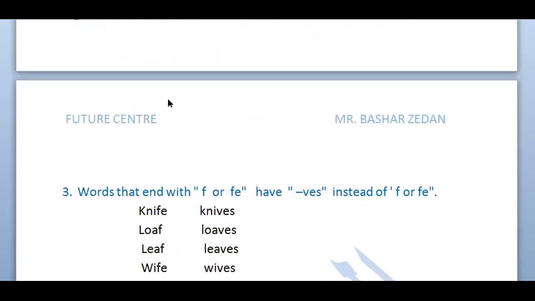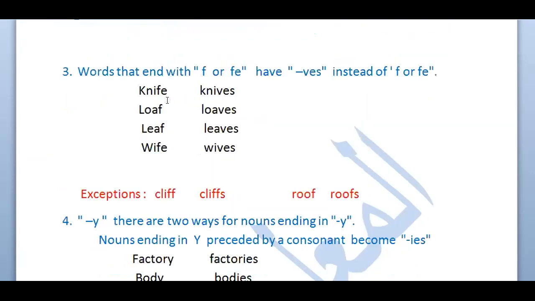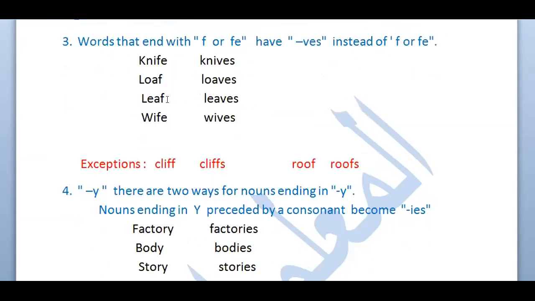Then the third rule of forming plural is words or nouns that end with F or FE. So nouns ending with F or FE, we delete F or FE and have VES instead.